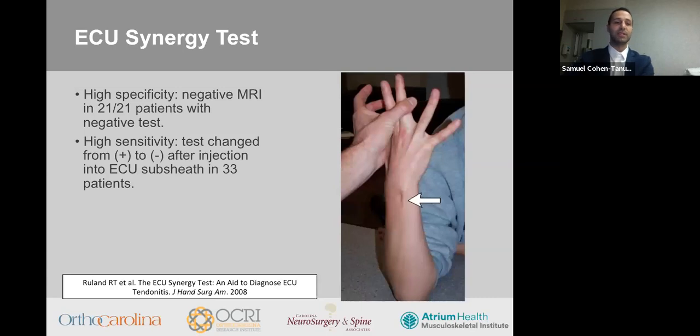The ECU synergy test is described by Roland and colleagues and was found to be both specific and sensitive. They basically correlated negative MRIs for ECU pathology with patients with a negative test. And then for positive tests, patients had temporary resolution of symptoms, sometimes actually long-term resolution of symptoms, with an anesthetic injection into the ECU subsheath specifically.